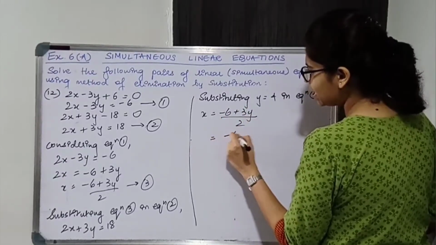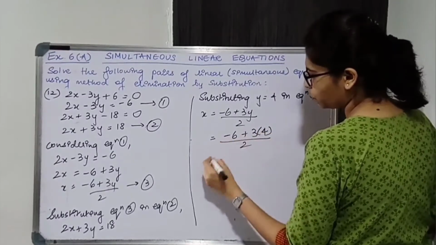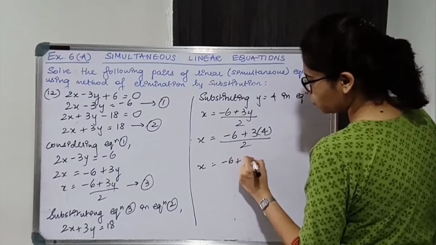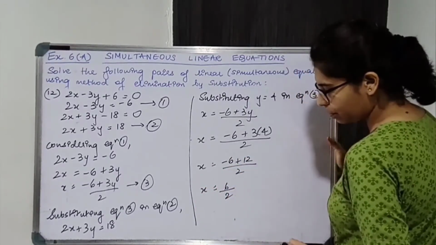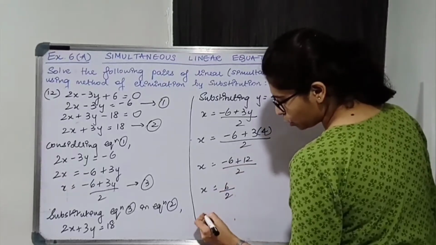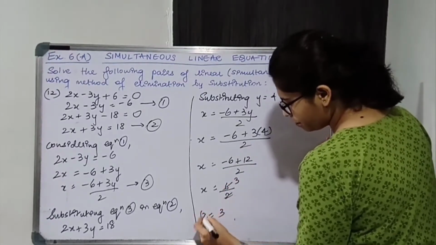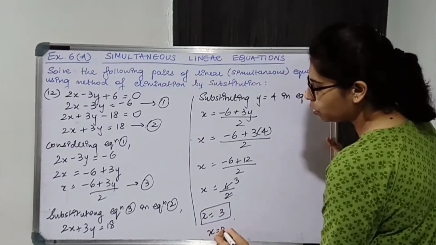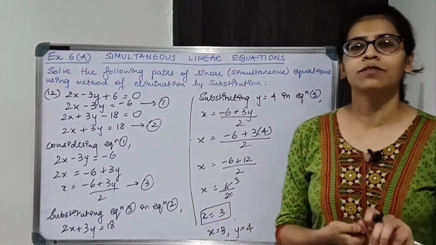So minus 6 plus 3 into y is 4 by 2. So minus 6 plus 12 by 2. So 6 by 2. Okay, 12 minus 6, 6 हो जाएगा. So this is 2 3s are, x is 3. So final answer will be x equal to 3 and y equal to 4. Don't forget to write down the final answer.